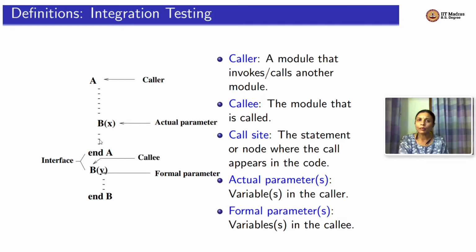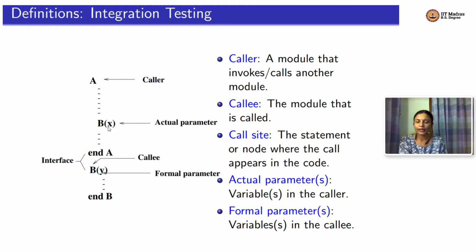There are some terminologies that we use here. A is the caller, which is a module that invokes or calls another module. B is the callee, which is the module that is being called by another module. Call site is the actual statement or node where the call appears. In this case, this place, B of X. Actual parameters are the variables that are being used in the call by the caller.